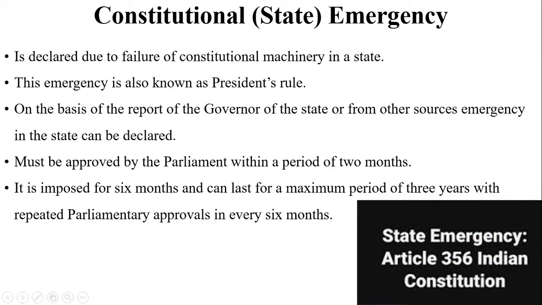The constitutional or state emergency is declared due to the failure of the constitutional machinery in a state. This emergency is also known as the President's rule. On the basis of the report of the governor of the state, or from other sources, emergency in a state can be declared, and it must be approved by the Parliament within a period of 2 months.